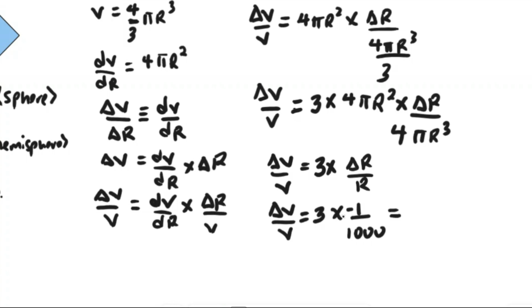So this is 3 times minus 1 over 1000, which gives us minus 3 divided by 1000.